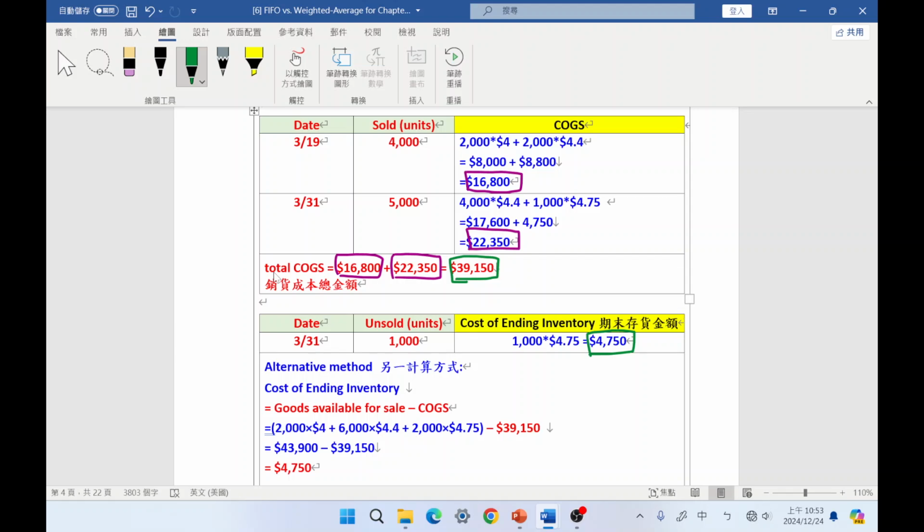So you can compare with your page 7. You will find the same. Okay, any questions?